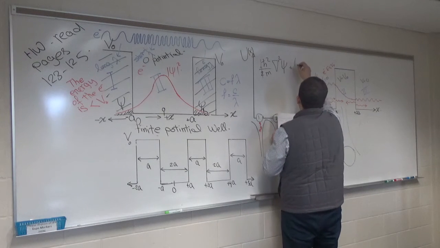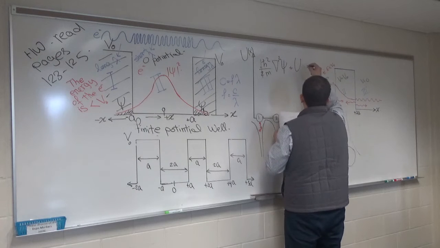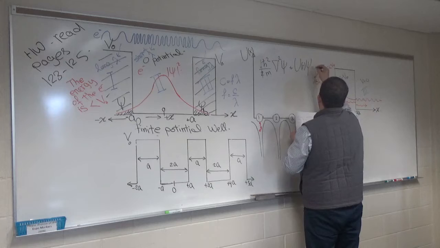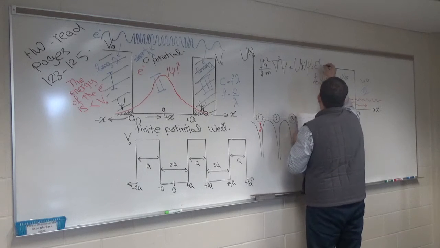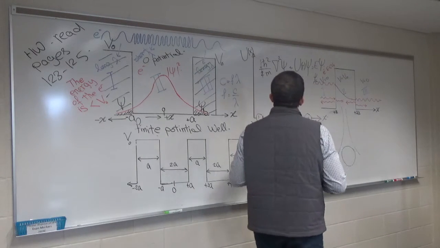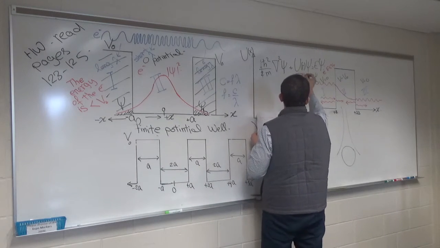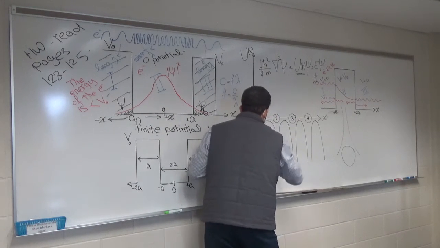Here we have psi, plus U as a function of r in 3 dimensions, and psi again, equal to the energy times psi. So this actually represents the potential here, guys.